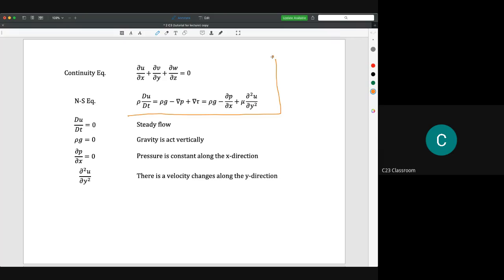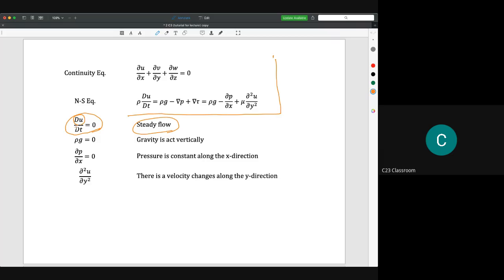And then you know that from that condition, we could say that it is a steady flow. So as I said, you need to do revision about the steady flow and also the uniform flow. So we assume that everything with respect to t is equal to 0. So normally we have a capital D here, Du/Dt.